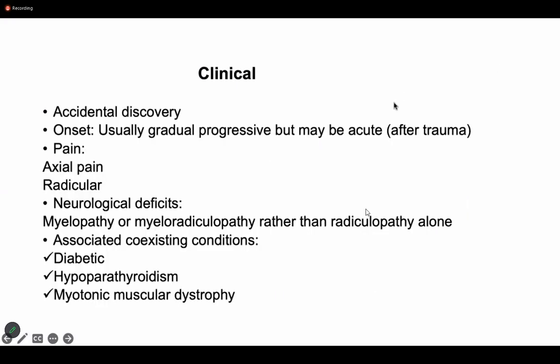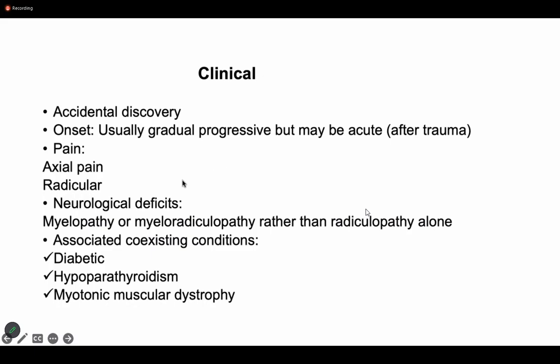The clinical presentations are also very variable, maybe asymptomatic and maybe symptomatic. With asymptomatic, the patient may be discovered by accident during general examinations, or after radiography, or after minor trauma.